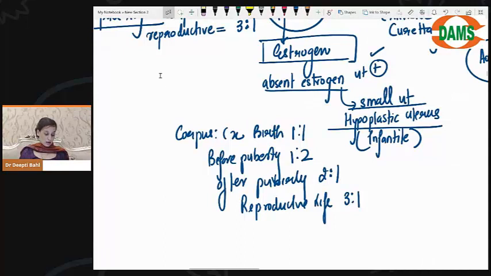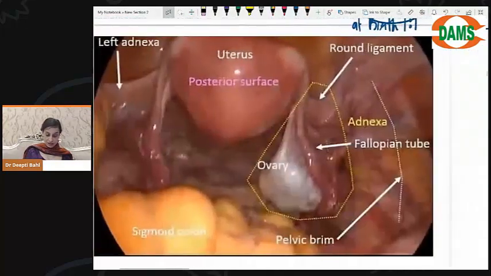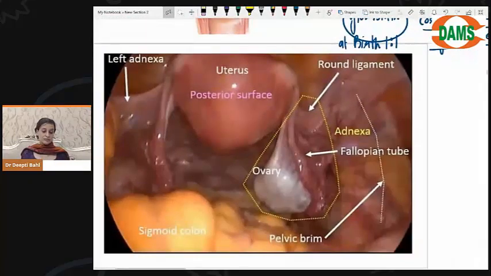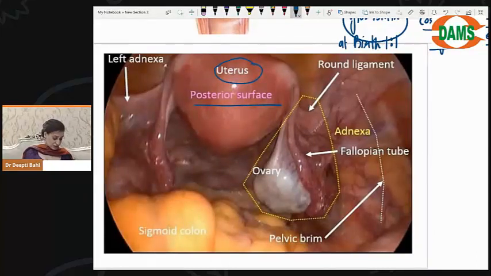Now I'm going to talk about the structures again. So this is the view that we had seen. Okay, I have labeled it now for you. As I said, we were seeing the posterior aspect of the uterus, right? So this is the posterior surface of the uterus. Then we saw the fallopian tubes, and I said right adjacent to the fallopian tubes was the white structure, which is the ovary, right?